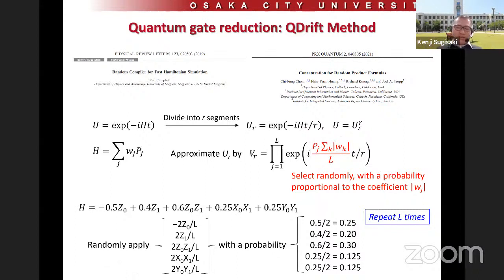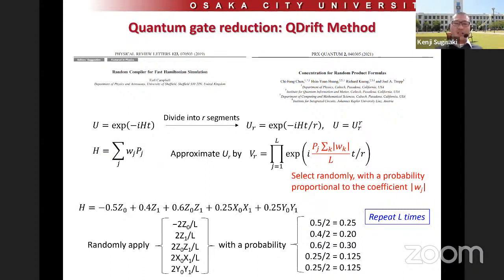Importantly, if L is very small, this is just an approximation, so the errors arising from this approximation become large. But this approach is very effective if the number of Hamiltonian Pauli strings in the Hamiltonian is very large.